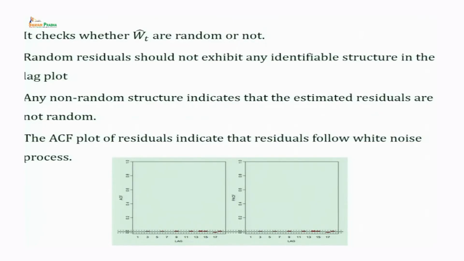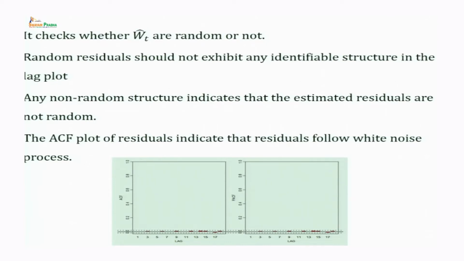Another plot is the ACF and PACF plot. Not only ACF, you can also look at the PACF plot. So, we take the residuals as a time series and then we obtain the ACF of the residuals and we plot the ACF and the PACF both.